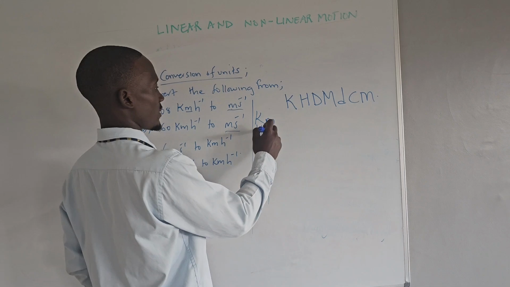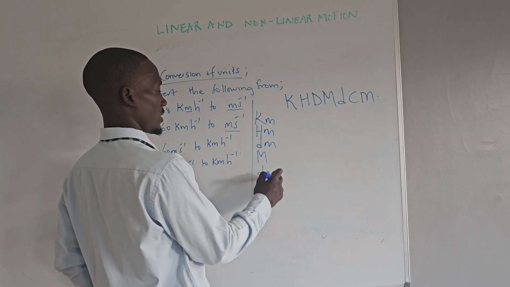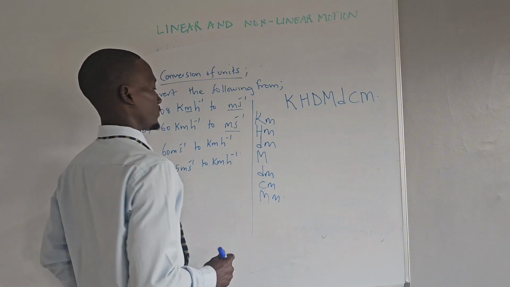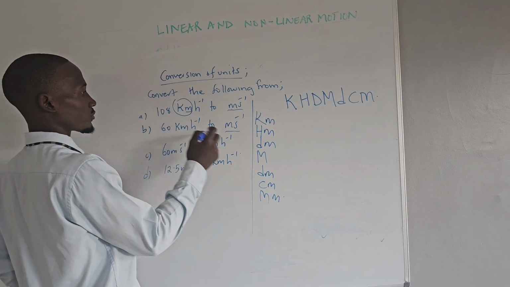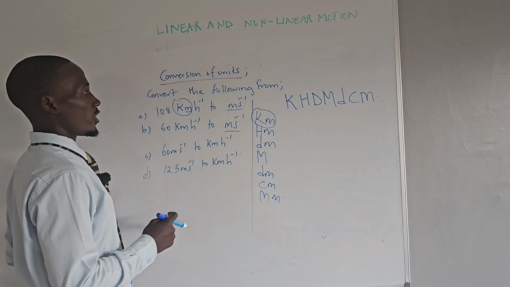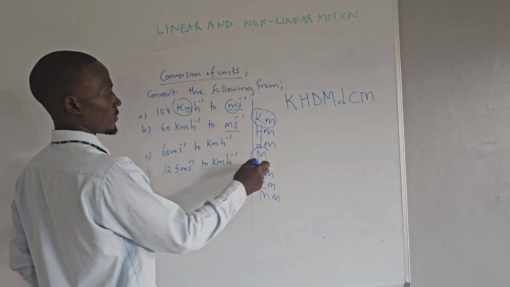So in this case, these are meters. We shall add meters here. We leave that. So we are looking at a kilometer, it is here. We are also looking at a meter, which is here.